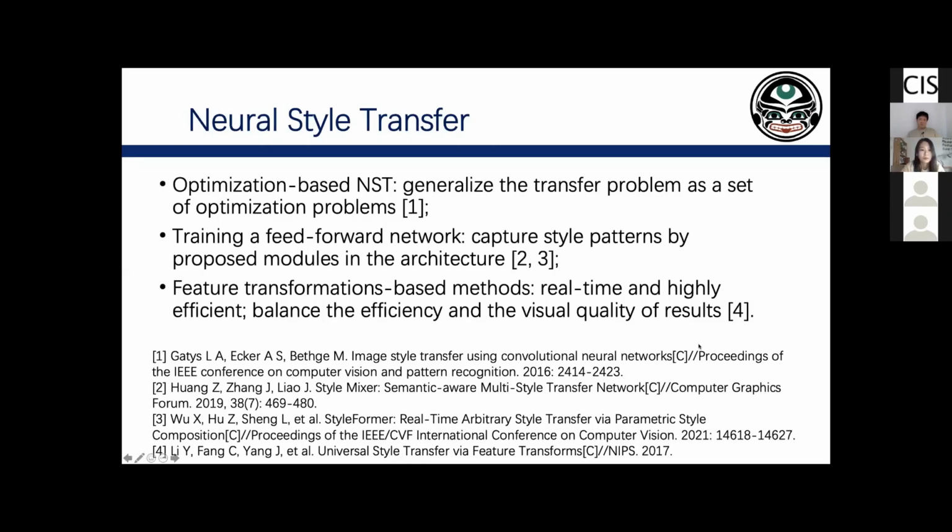The third method is feature transformation based methods. They just use feature transformations in the feature space, and they are real-time and highly efficient, and they balance efficiency and the visual quality of results.